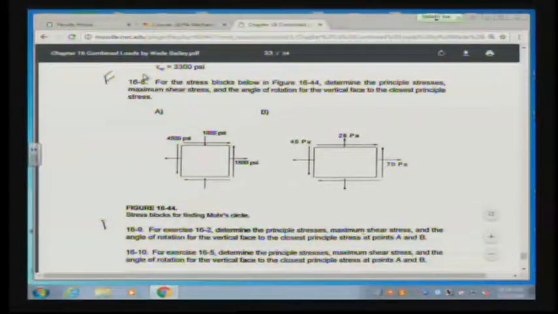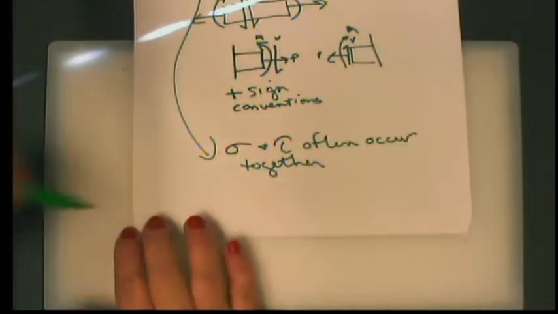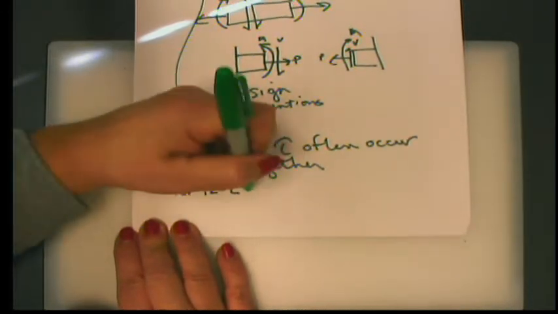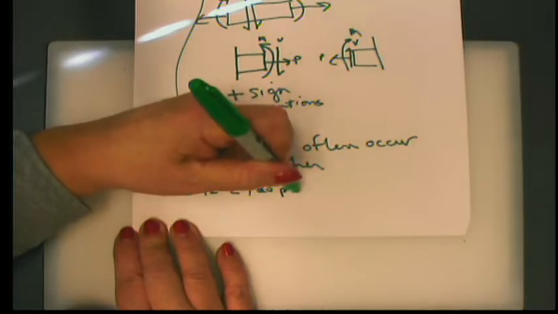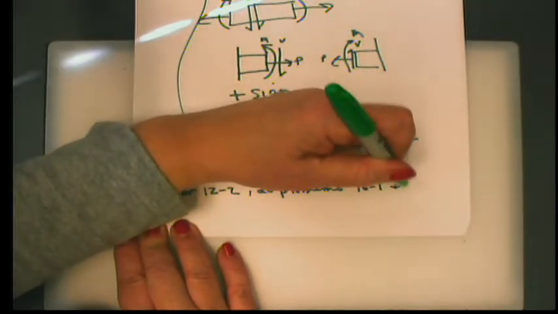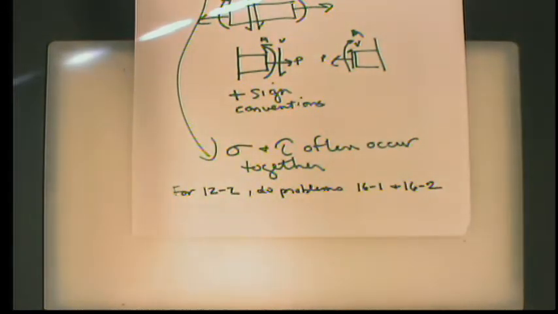So for tonight, let me come over here to the document cam. For tonight, 12-2, do problems 16-1 and 16-2. And on Monday we'll talk about torsion, and Wednesday we'll begin talking about Mohr's circle.